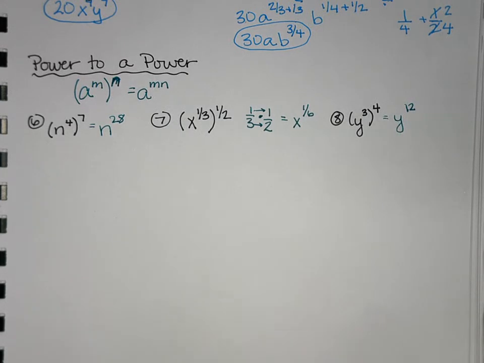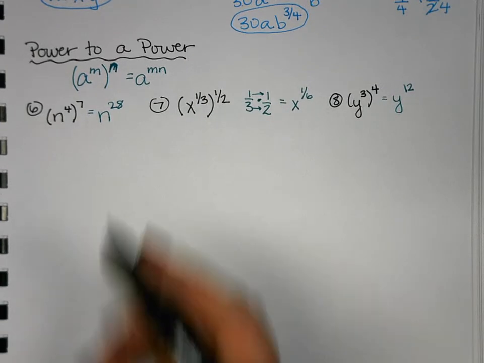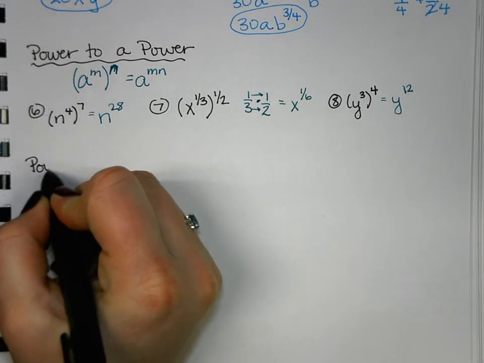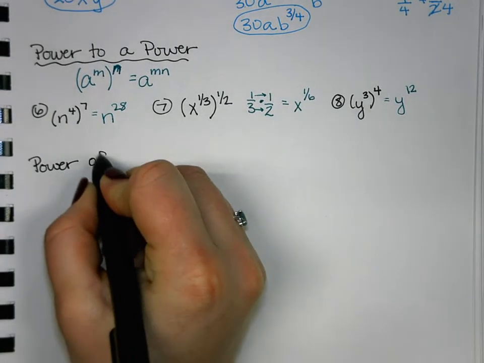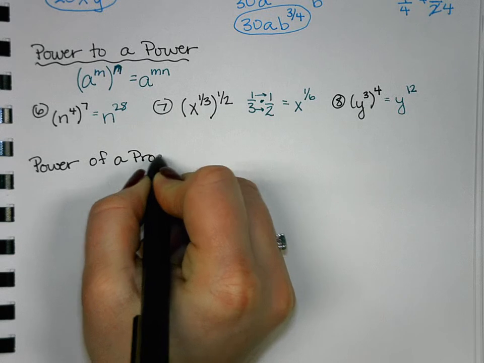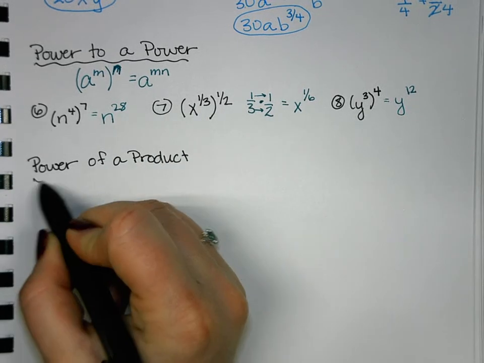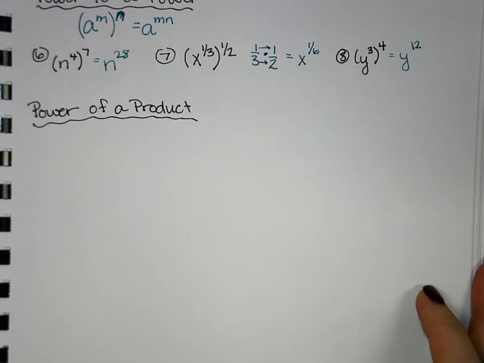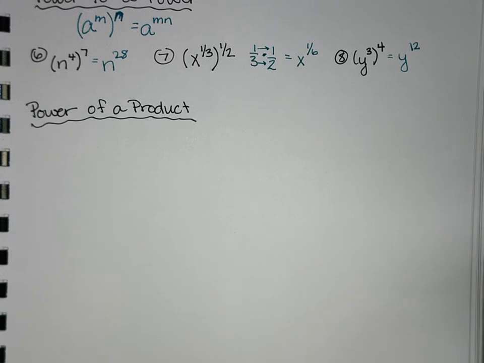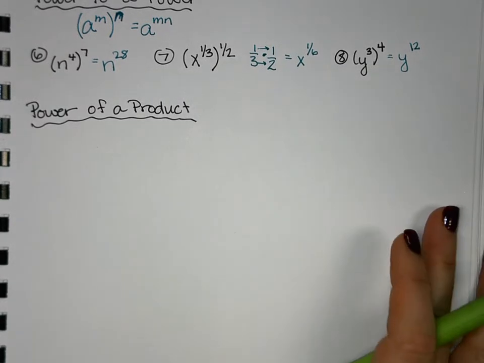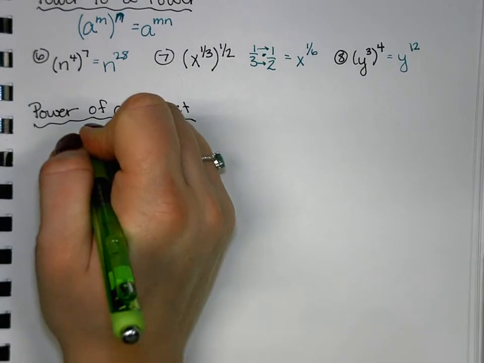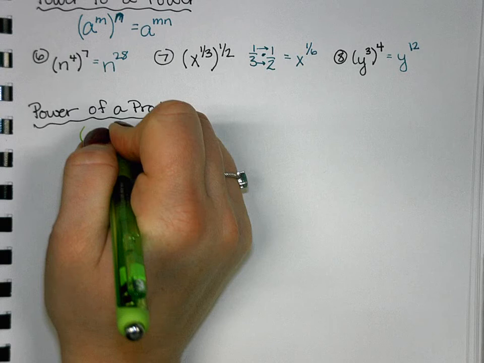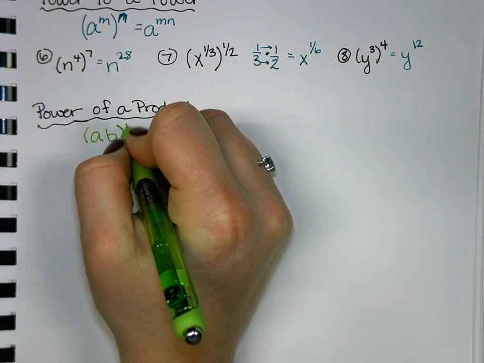Okay, so let's see, our third one is called power of a product. The power of a product is when you have things that are being multiplied together inside parentheses with an exponent outside.